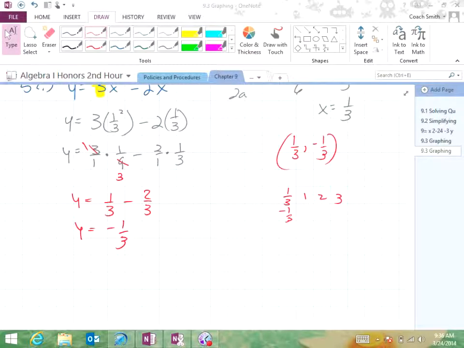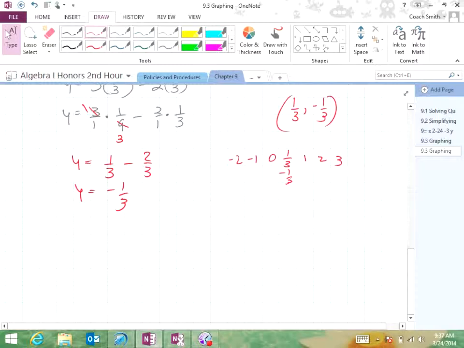On the other side, 1, 2, 3. I really don't want to use 0. Okay, we're going to use it, but it's going to be so close to 1/3. You're going to have a point here and then a point right next to it. So I don't like using it, but we'll go ahead and use it. 0, -1, -2. Okay, so there's your table.